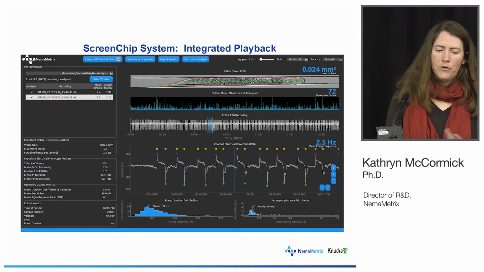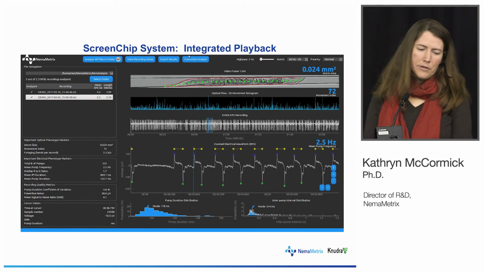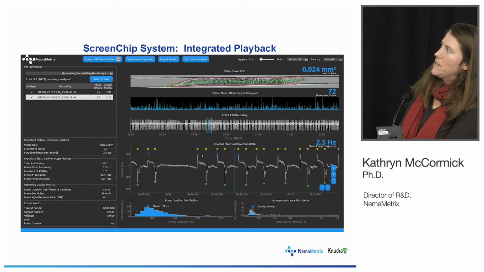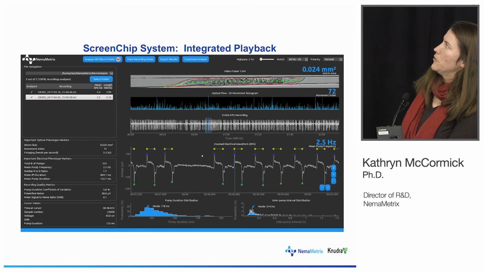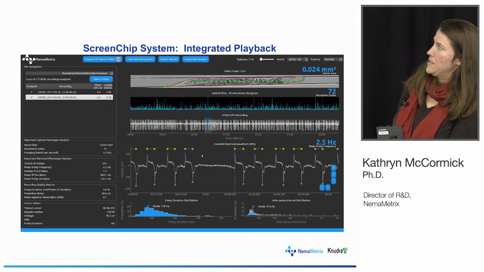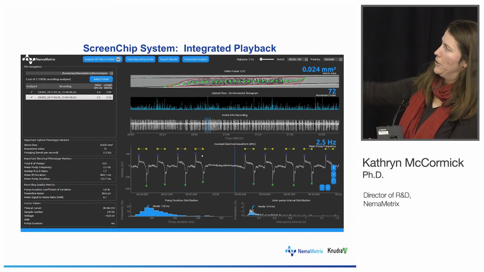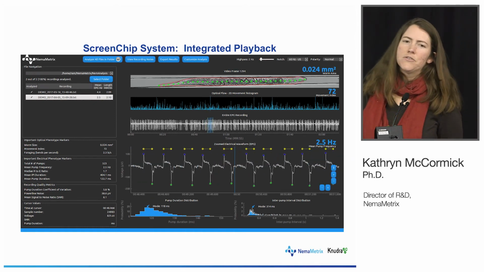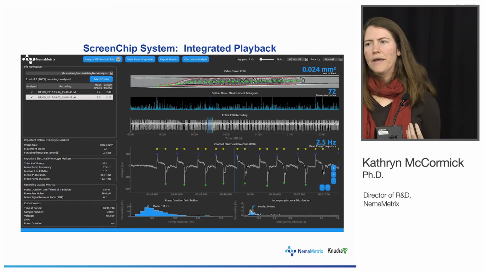We also have integrated pharyngeal pumping playback. I was telling you a little bit about the neuromuscular phenotypes. Those waveforms from the neuromuscular pump called the pharynx can be seen here in the middle panel with all the yellow, blue, and green dots. You might see that that looks a lot like a heartbeat.